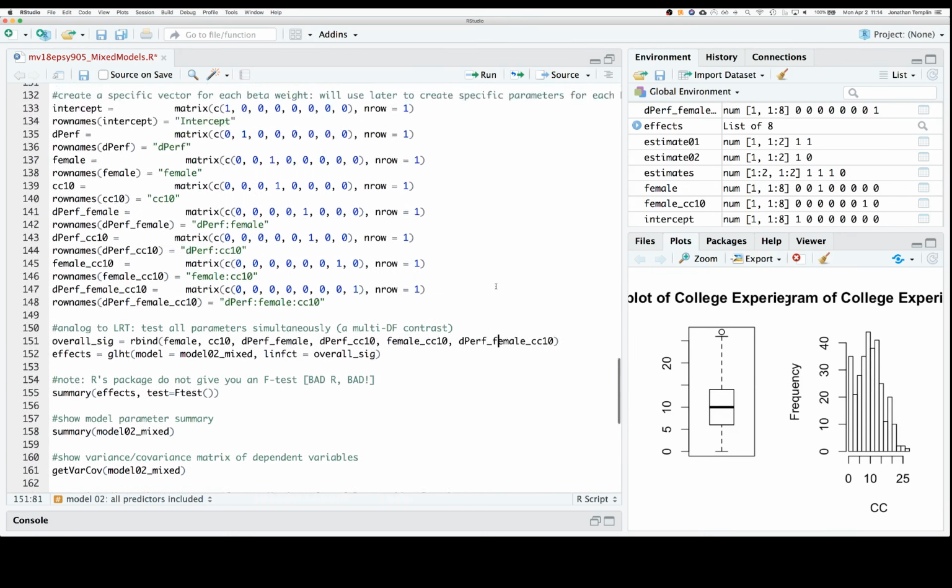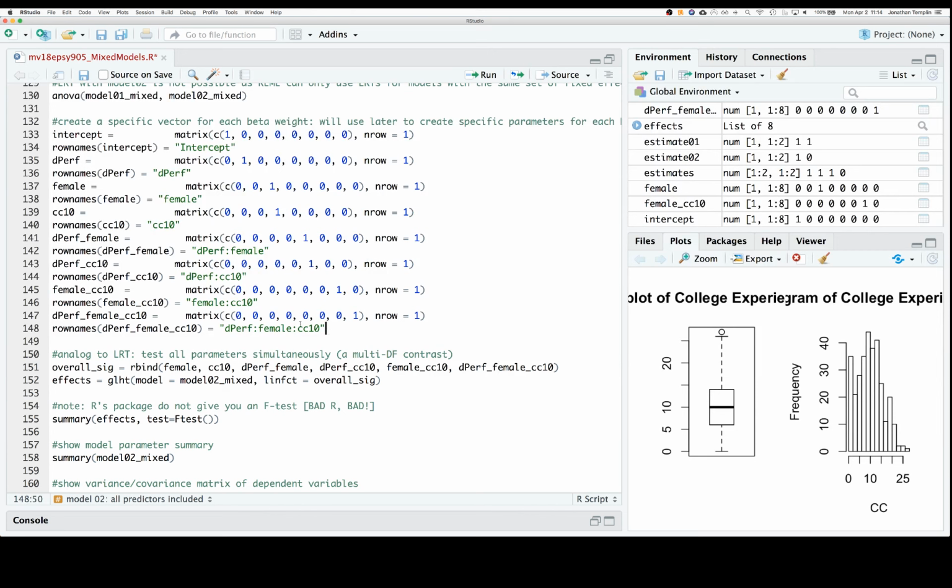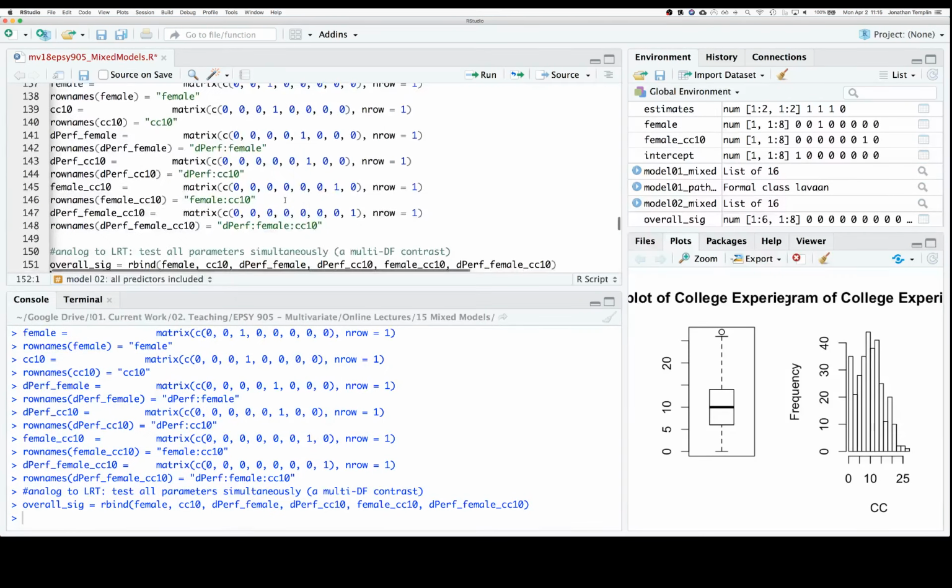Now remember, that's not all 8, because model 1 actually had an intercept and had D-performance involved as well. So this is not the entire set of variables that we'd see. This is only the set of variables that differ from model 1. So there are 6 of them here, whereas in model 1 they had 2. So we combine those into a big overall significance matrix.